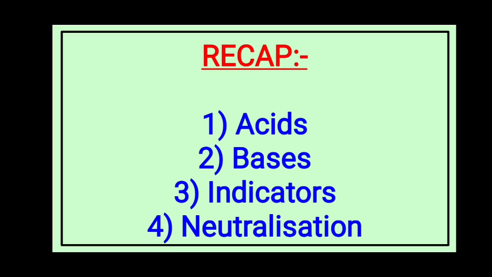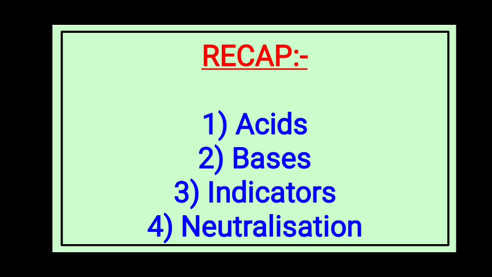Just a small correction. On page number 84, just open your textbook to page number 84. Indicators and their colors in acid and base, the table that is given on the top. Just a small correction in that.